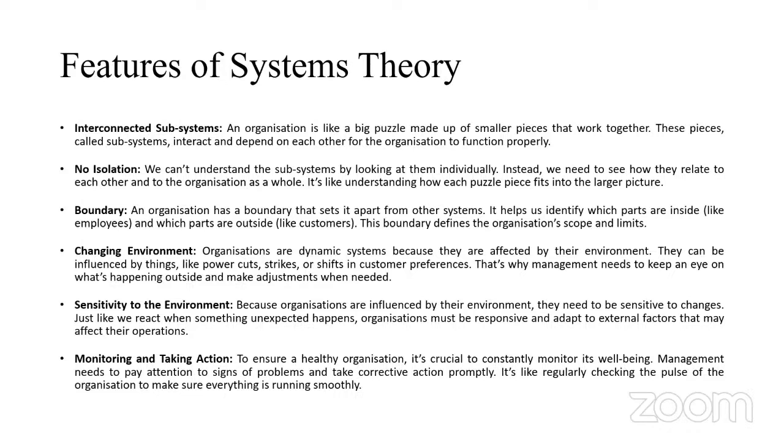So these are all things happening in the external environment that are having an impact on the customers, right? Therefore, management always needs to keep an eye on what is happening outside and what adjustments have to be made. If an organization is oblivious of happenings in the external environment and does not make changes accordingly, then the organization cannot survive.